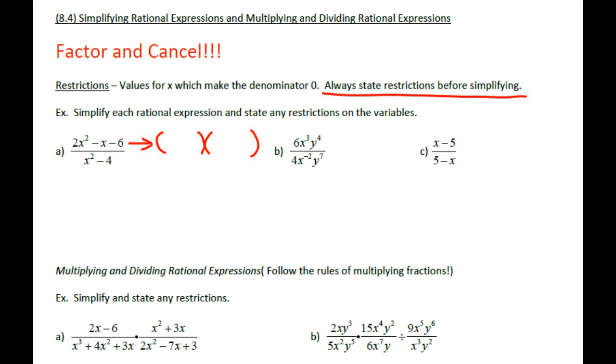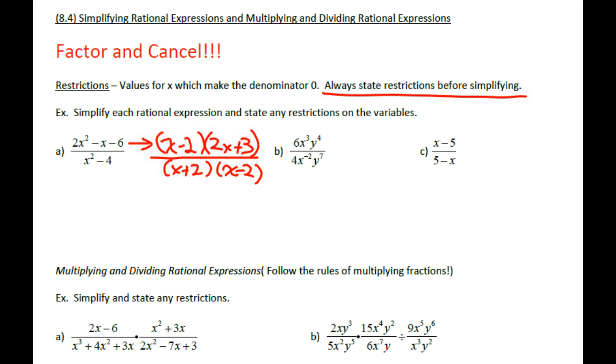So when I factor this, I'm going to get x minus 2 and 2x plus 3. Factor this at your leisure and make sure that I did this correctly. And that'll be divided by, on the bottom, x plus 2 and x minus 2, because I've got a little bit of sum and difference going on there to get that difference of two squares.